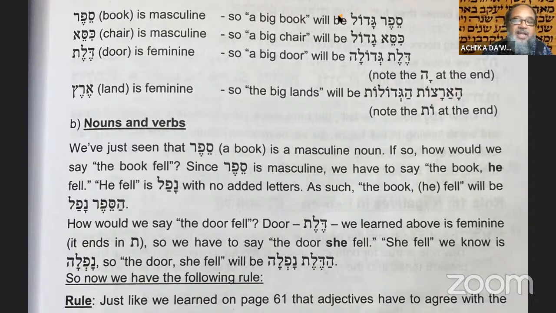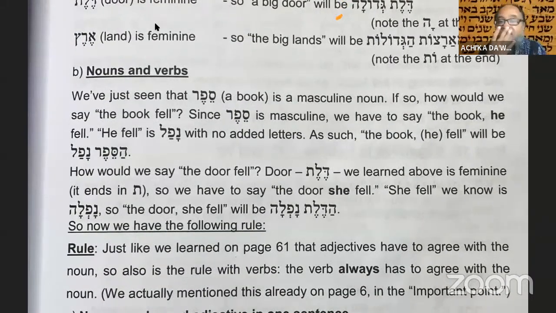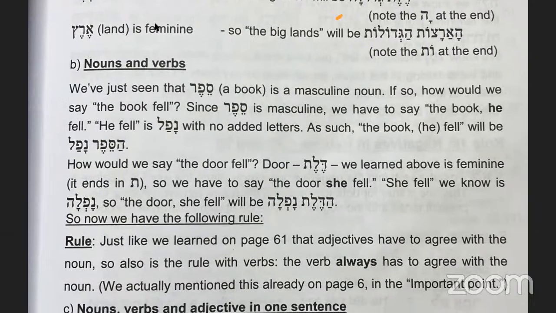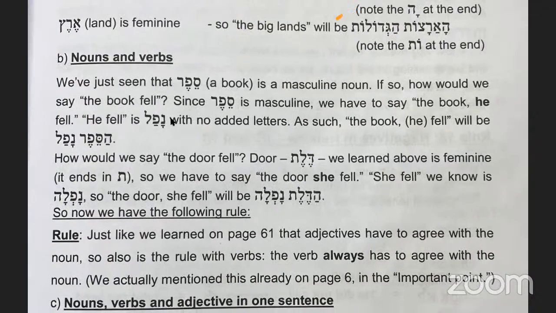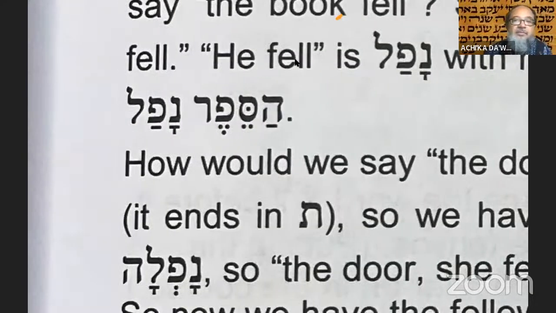So just as we've seen, Sefer is a book, a masculine noun. So how would you say the book fell? Since Sefer is masculine, we have to say the book.